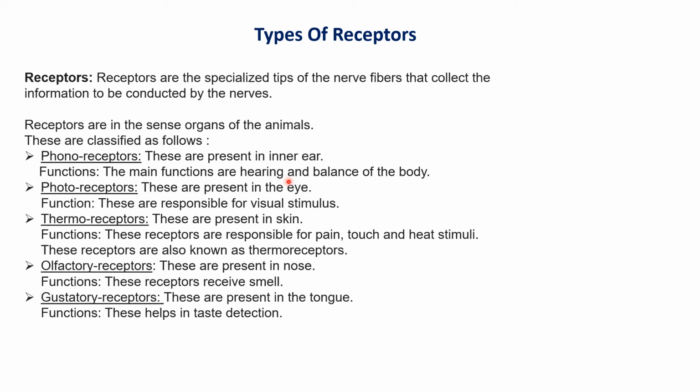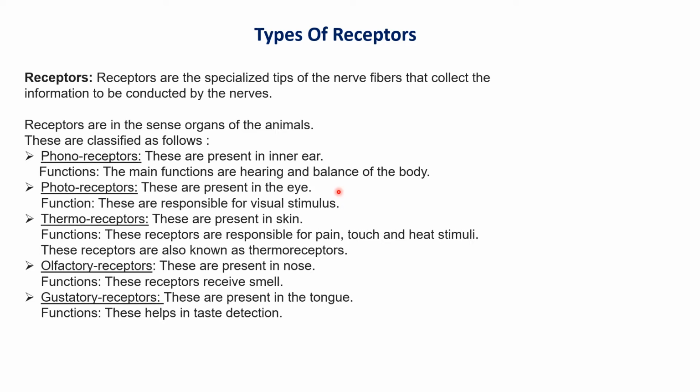The main function is hearing and balance of the body. Inner ear means the three semicircular canals and the cochlea, right? So these are responsible for the hearing and balance of the body.